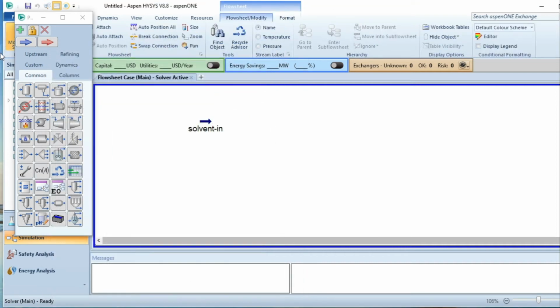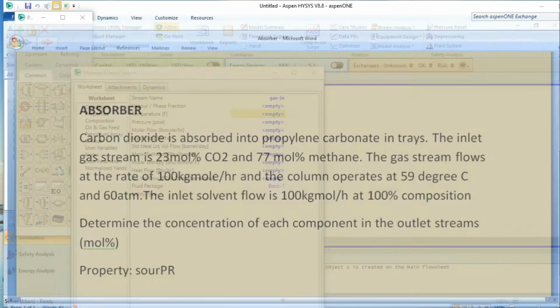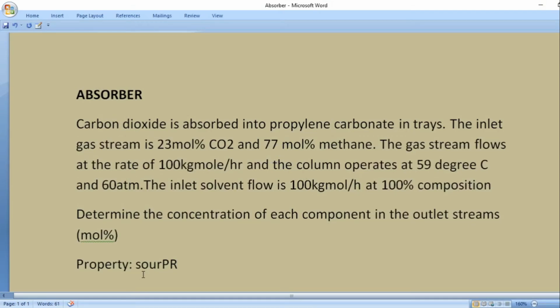So we add another material stream, and this time around it is gas. Let's give it the name gas in. It operates at the same condition, that is 59 degrees Celsius and 60 atm.